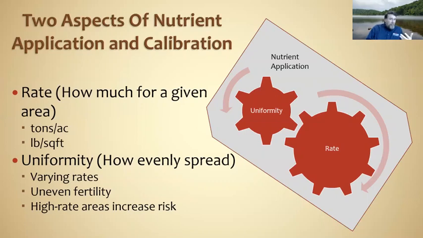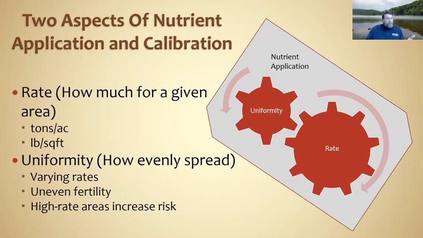Now, there are two aspects of nutrient applications, and therefore calibration needs to address both. One is the rate, how much is being applied. And the second is the uniformity, how even is it supplied? What you can see on the right-hand side of the screen is my rather poor attempt to depict a gearbox.